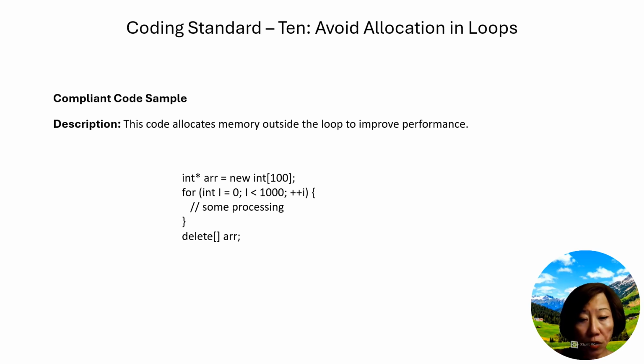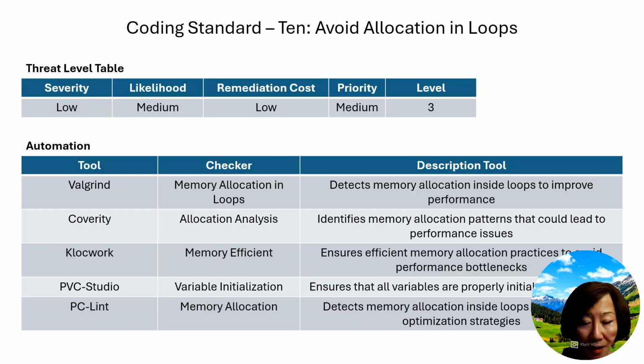It pays to slow down and make sure that you are not doing this kind of allocation within a loop. This is a level 3 threat level. Automation tools can help detect memory allocation in loops. They will tell you that you're doing this, and then you replace it with a better version that they will suggest. Valgrind, Coverity, Klocwork, PVS-Studio, and PC-lint all do this for you.